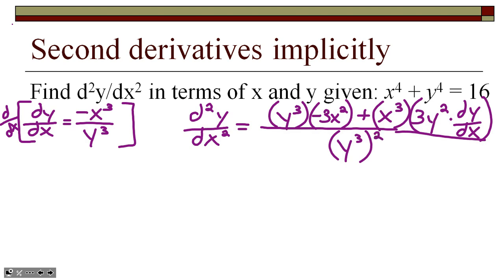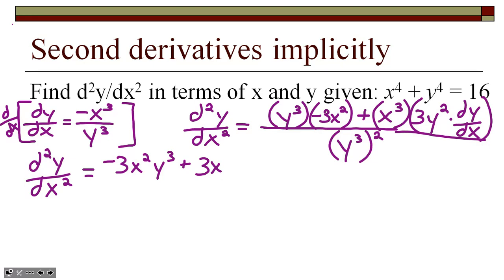So now we have to be a little careful here. So we're going to simplify. So we've got d squared y dx squared equals, on top, negative 3x squared y cubed plus 3x cubed y squared dy dx, all over y to the 6th.